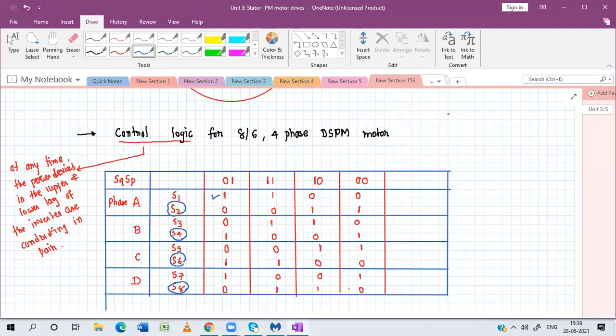Yes, Derek, there is a possibility of C and B. So here phase A conducts with the lower leg of phase C. This is one combination. And phase B is a lower one and D is the upper one, so this is the second combination.